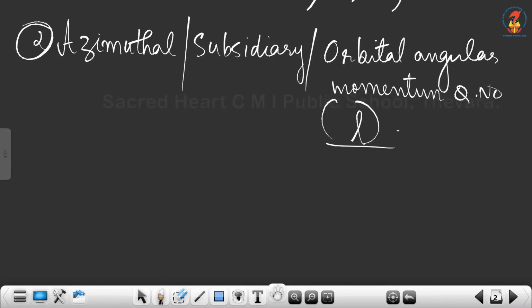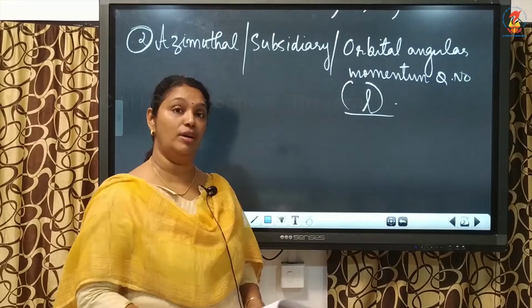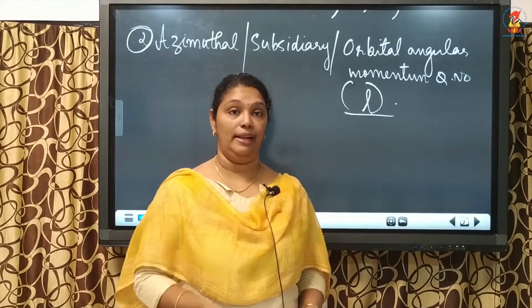So, this is the second quantum number, azimuthal or subsidiary or orbital angular momentum quantum number, denoted by small l.